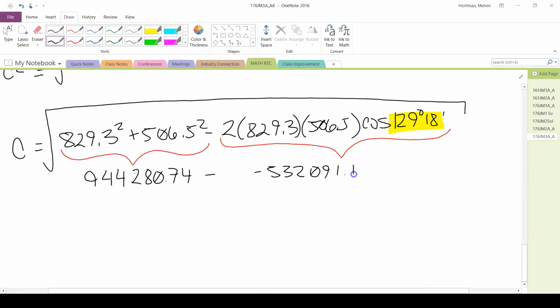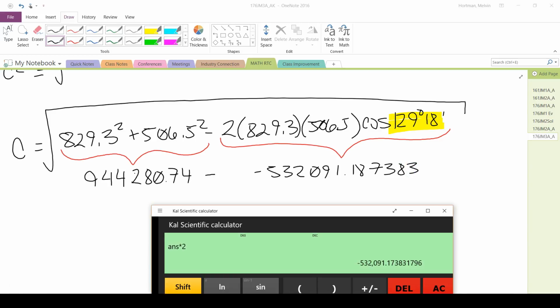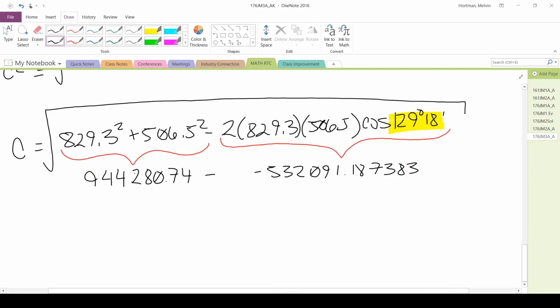So one number minus a negative number, it's really just adding.